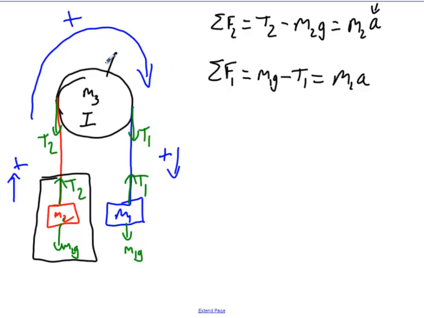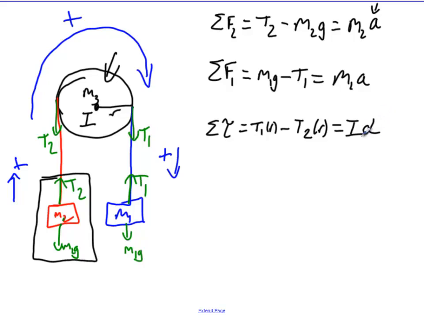Well, I have a third object, so let's look at that thing. The problem with this thing is it's not accelerating. It's got angular acceleration. So I don't care about net force, I care about net torque. And the net torque is, let's see, positive is this one, so T1 times R. Remember, the axis of rotation is centered, so this is the radius R. So T1 times R minus T2 times R, this is a counterclockwise rotation, equals I times alpha.